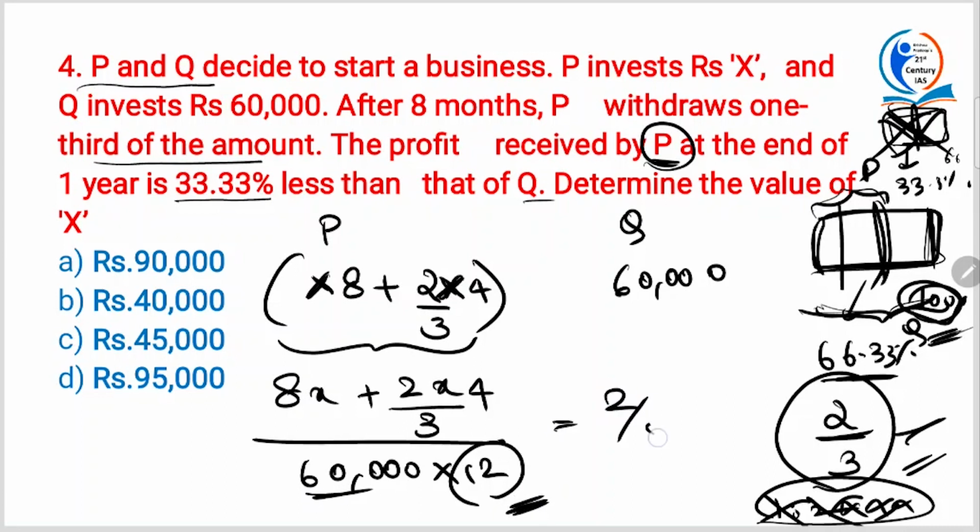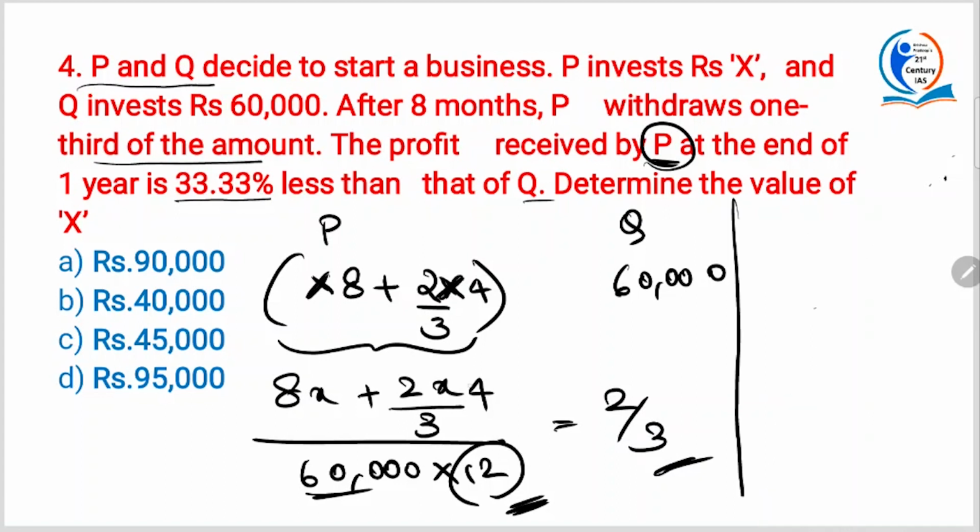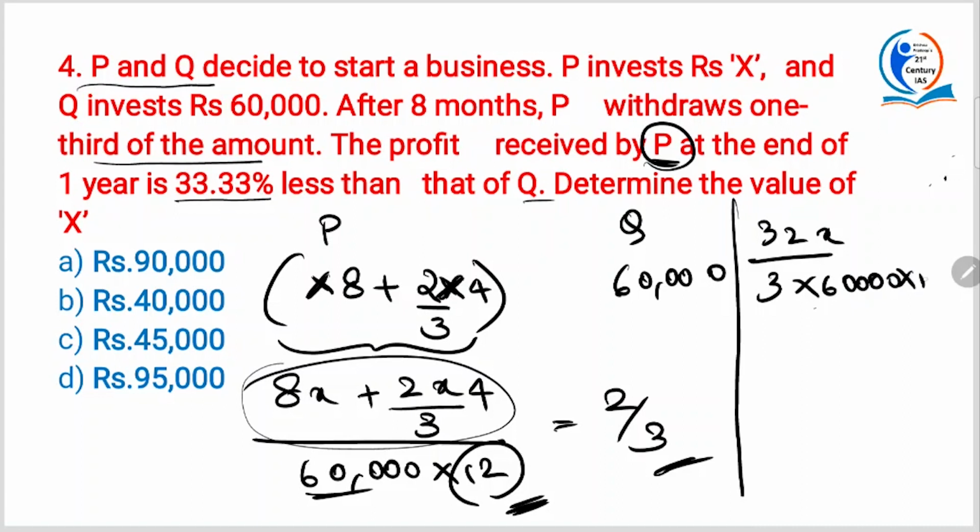Is equal to 2 by 3. Now, what is this? The simplified fraction here. 3 8s are 24, 24 plus 8 is 32x by 3 into 60,000 into 12 is equal to 2 by 3.